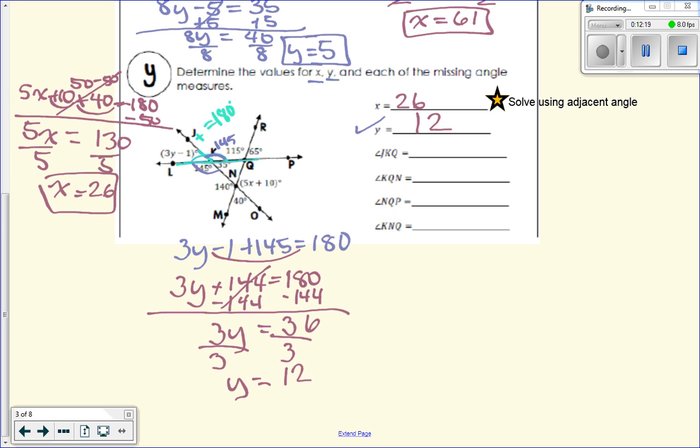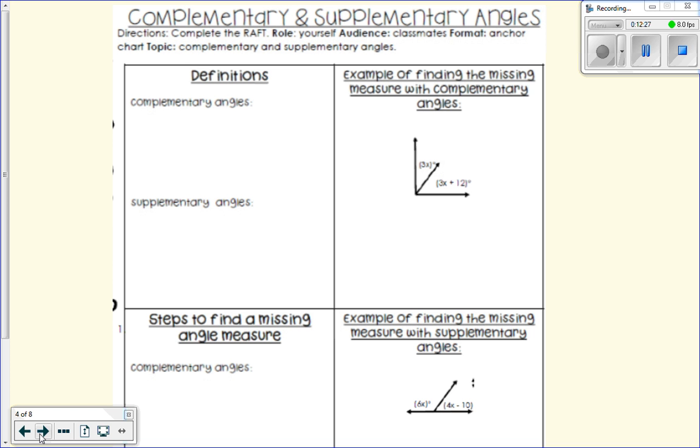All right. Let's continue with two more vocabulary words, complementary and supplementary angles. Go ahead and turn to the next page. More angle relationships to know, so we can set up equations to solve for the missing angle measure and the value. All right, so complementary angles and supplementary angles, let's first fill in their definitions.